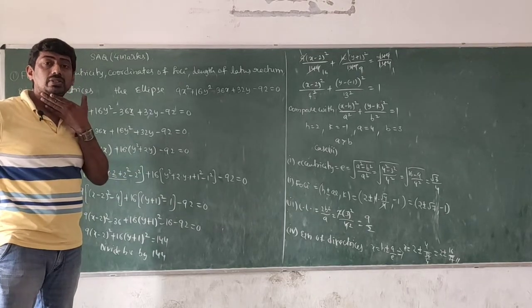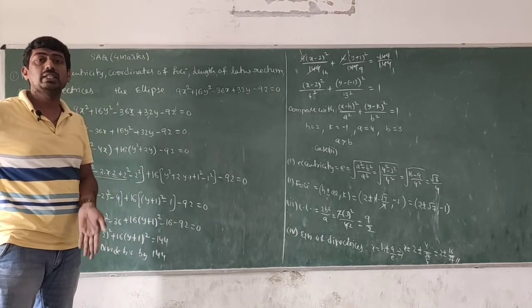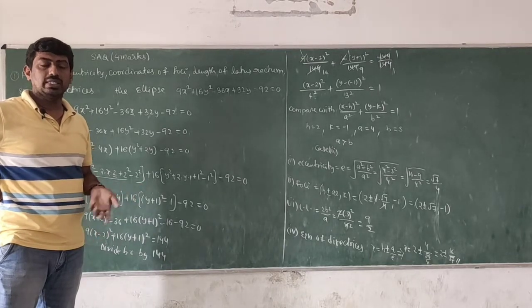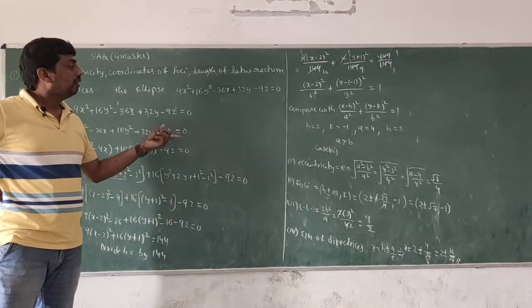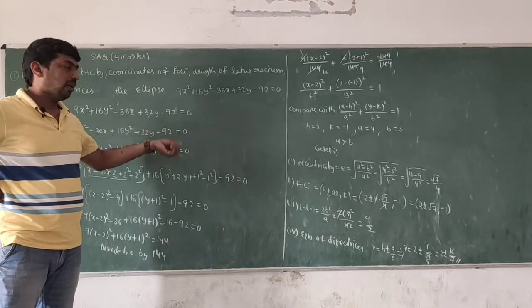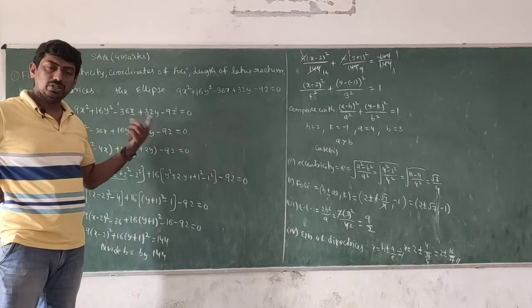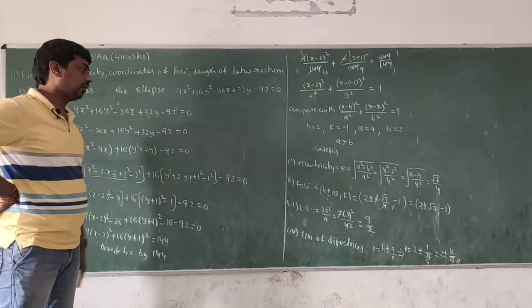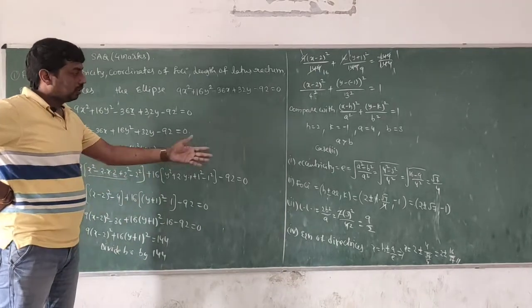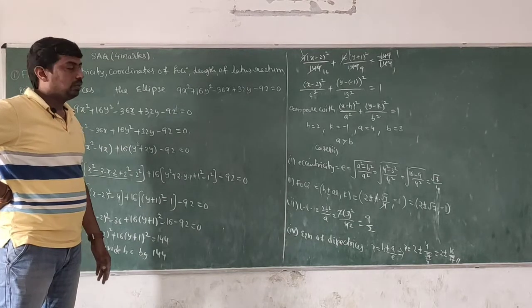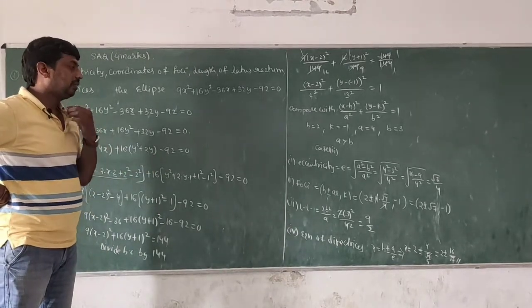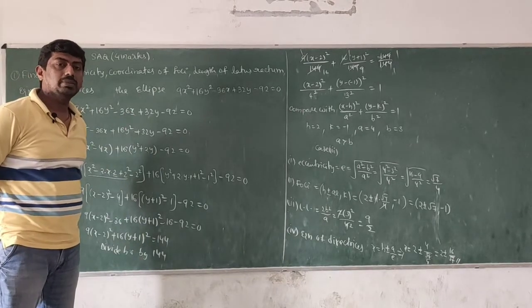If the center is the origin, then case 1 or 2. If the center is a non-origin point, then third or fourth case. If a is greater than b, then first case when the origin is the center. If the center is a non-origin point and a is greater than b, then third case. So don't forget to learn the formulas. First learn the formulas, then we can easily finish the problems in the ellipse topic.